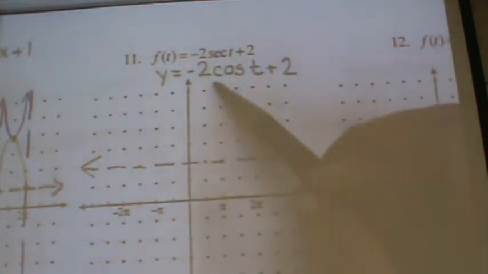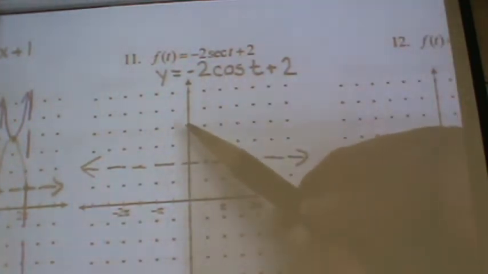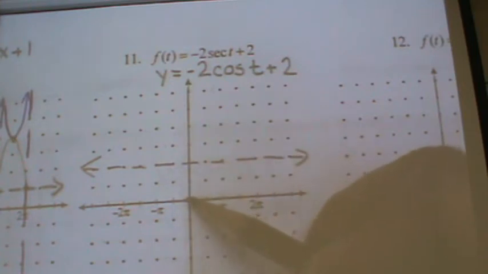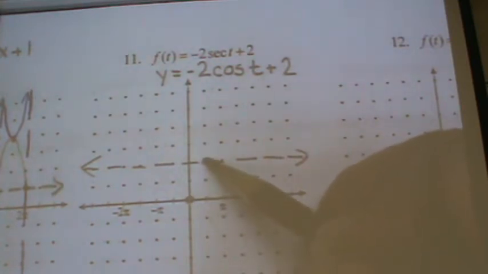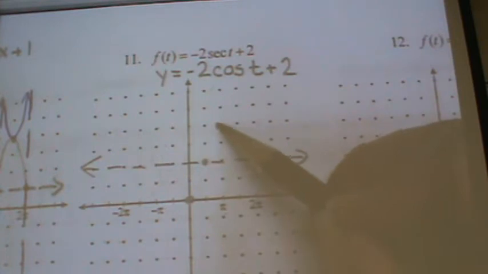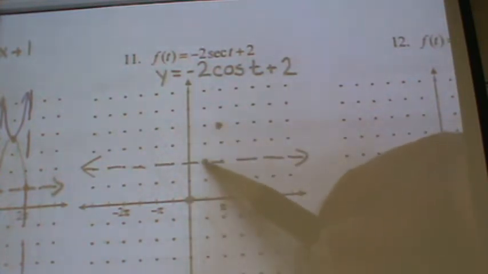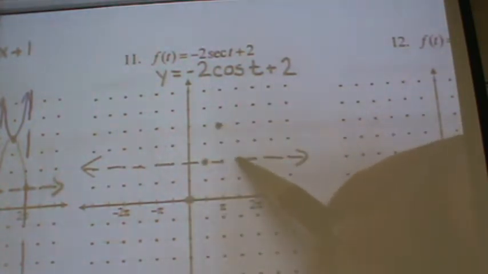Okay, the cosine curve upside down is where, instead of starting high, you're going to start down here at -2, well, 2 down from the x-axis, and then you're going to go up, or on, I should say. So it's below, on, above, on, and below.